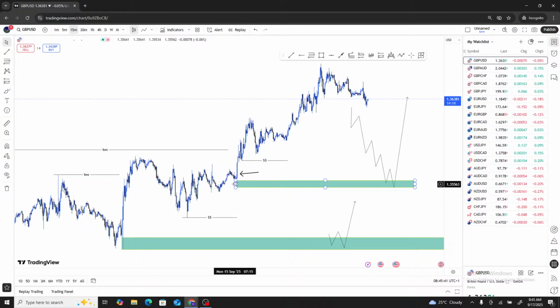Now, why, you might be asking, why do you want to buy from this level? All right, trading is all about demand and supply for a currency. In demand and supply, you always want to buy low and sell high.